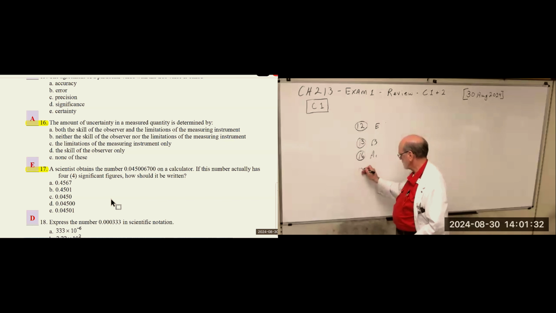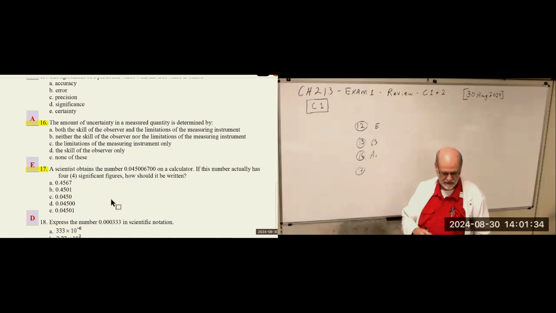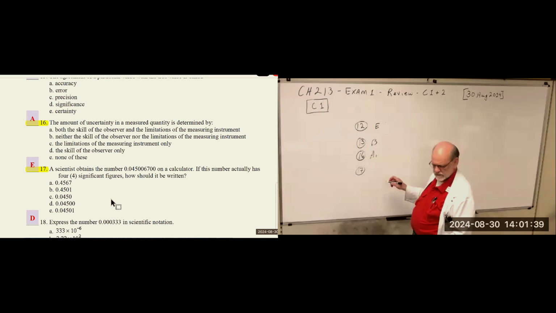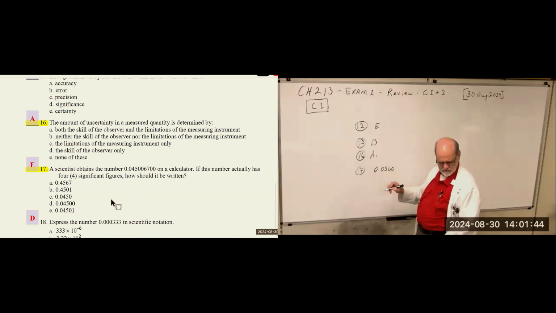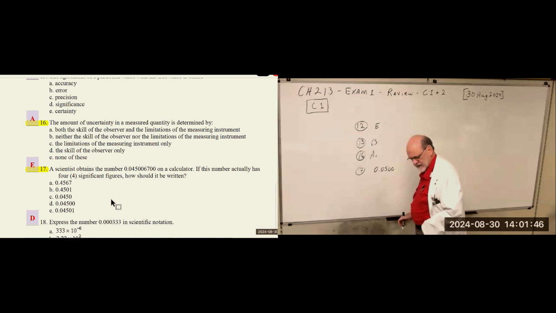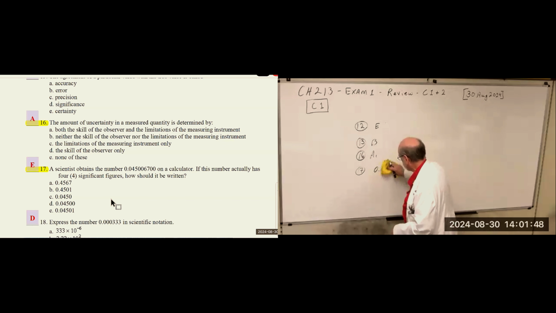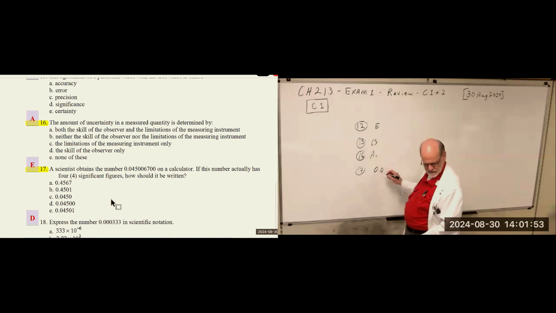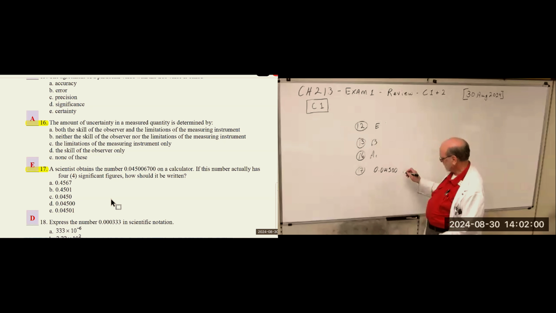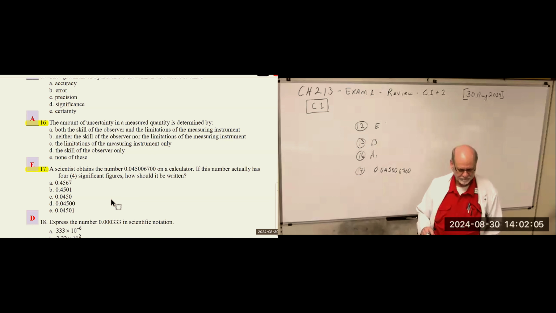17. Let's keep going. 17. A scientist obtains the number 0.0450067. Left the 4 out. I did it for another class. That's the number you're given.